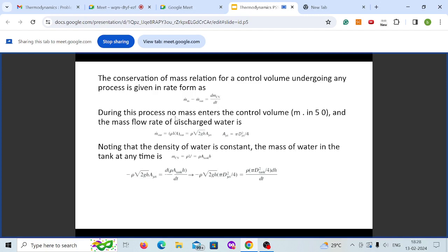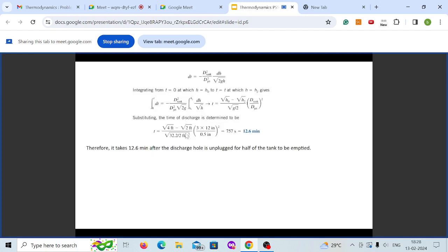So m in is 0. M out is minus rho root of 2 gh into A jet, equals m of the control volume, which is rho into area of tank into h. From here we substitute the area of the tank and simplify the expression.